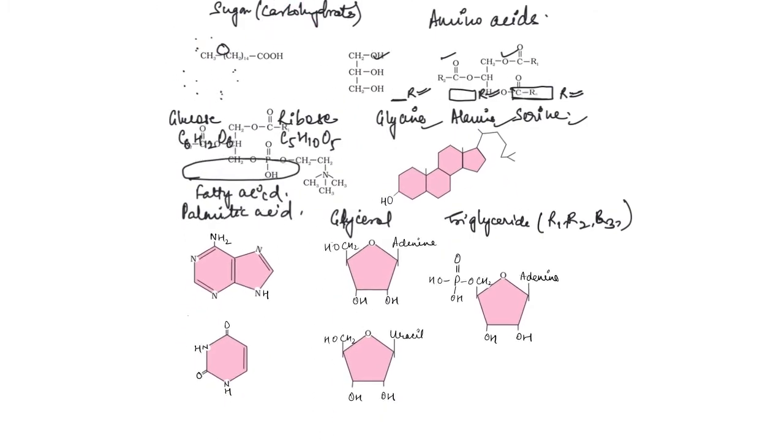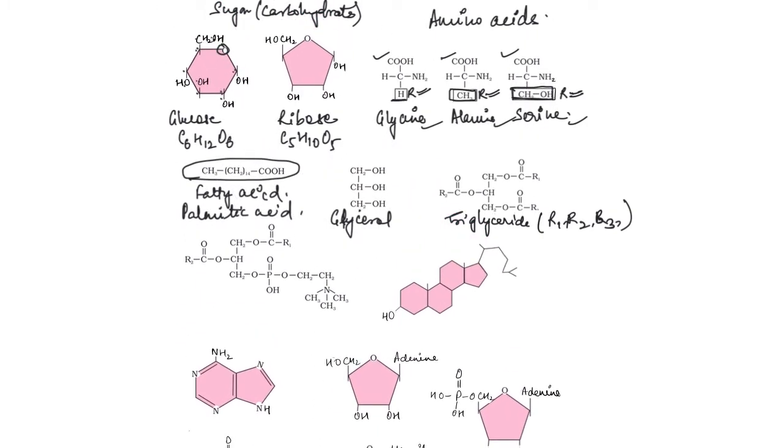In the same way, we spoke about phospholipid. This is a phospholipid, lecithin. Where is it present? It is present in the cell membrane, the plasma membrane, right?